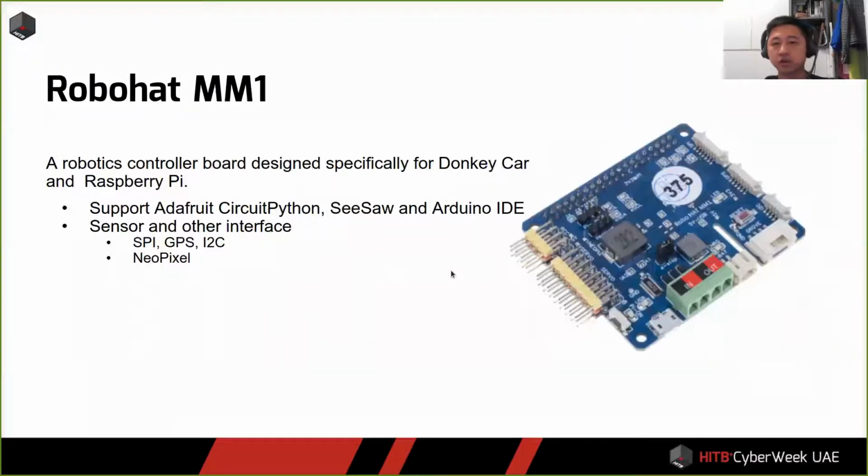All right. On the Donkey Car we are going to sell in December, we are going to release a new version. It also comes with a controller board designed for Donkey Car, so it can support a lot of things. It has a NeoPixel, which is a programmable LED light, and also an IMU and other sensors. We have used this in our new release as well.